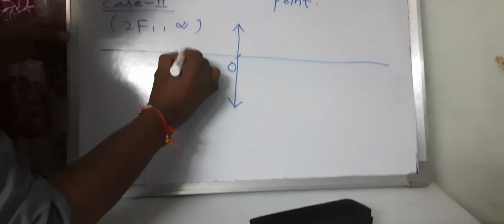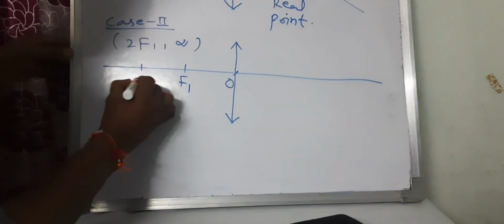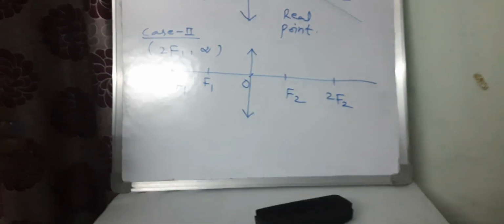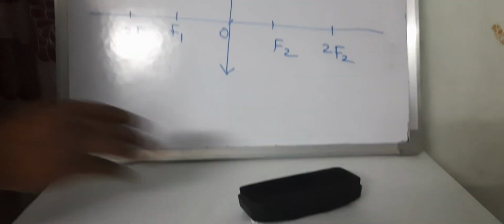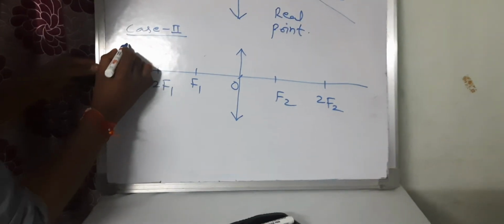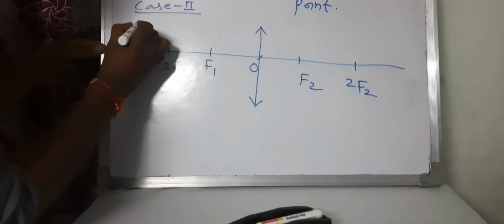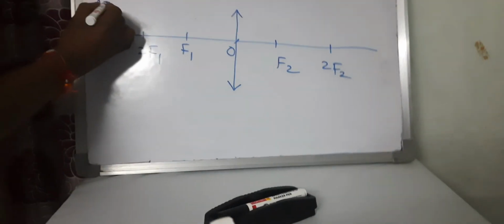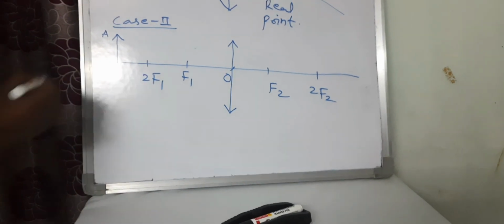This is the optical center, f1, 2f1, f2, 2f2. See here, we are placing the object beyond 2f1. The object is represented by an arrow mark, which is AB. Top point is A, bottom is B.